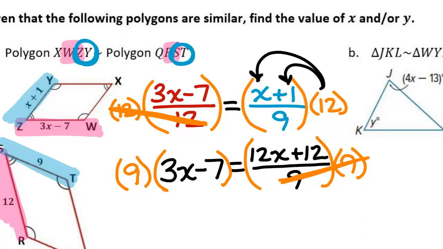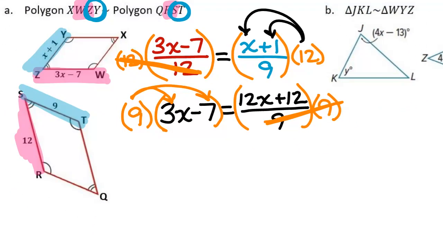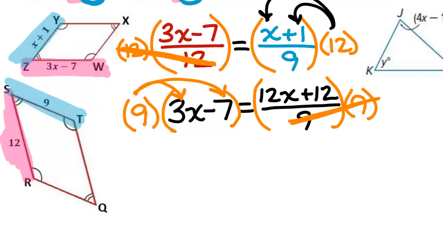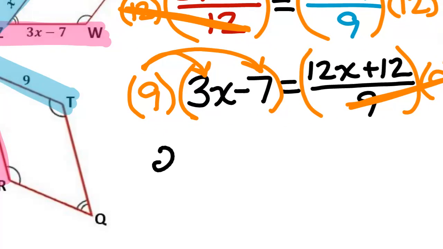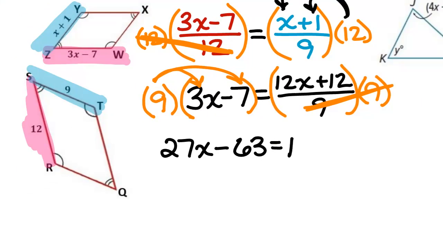And once again, there's 2 parts, so I have to distribute that 9. So I have to do 9 times 3x. What is 9 times 3x? 27x minus 9 times 7. 63. So 27x minus 63 equals 12x plus 12.